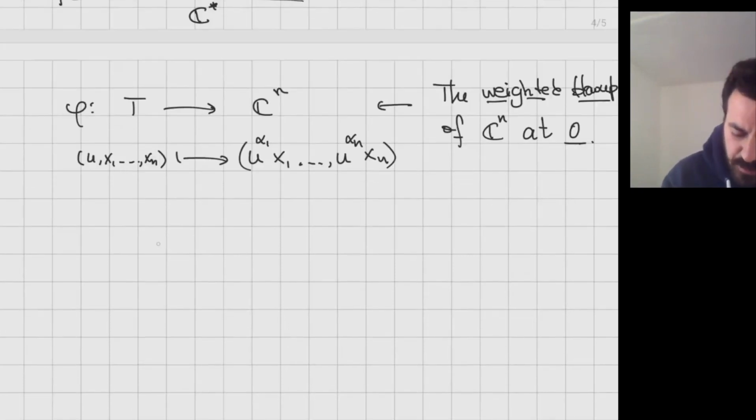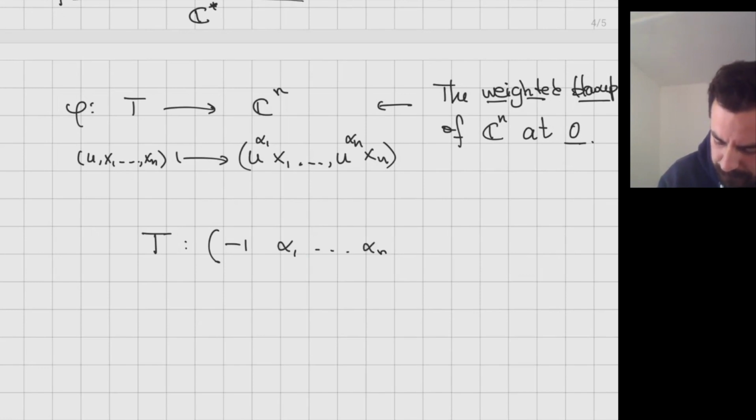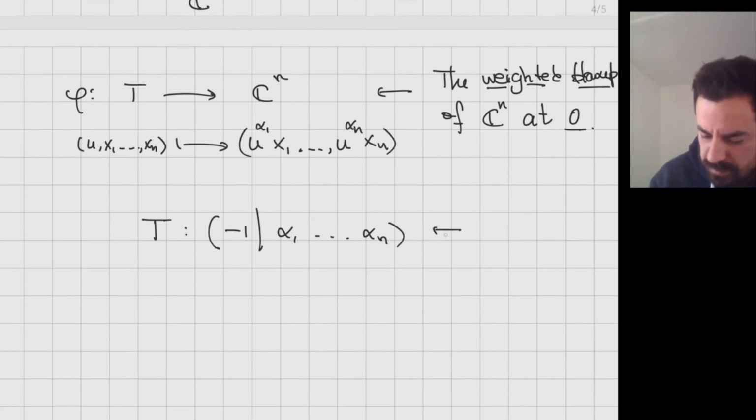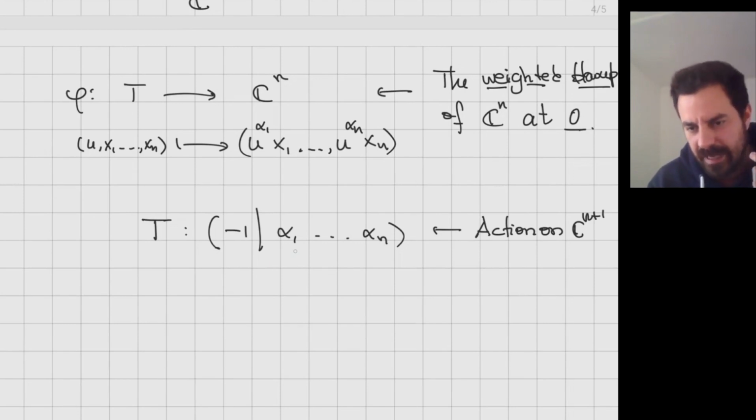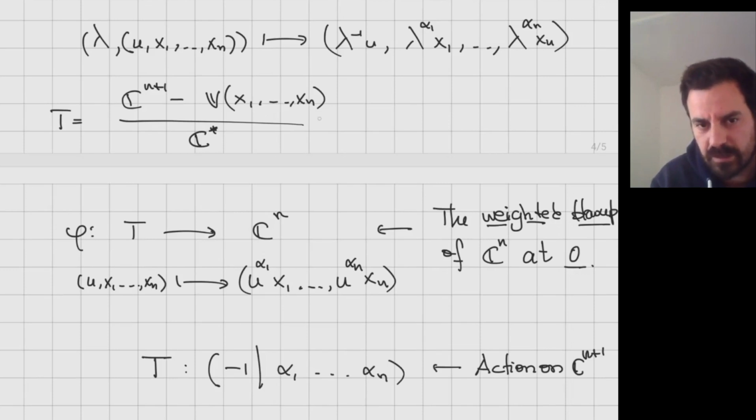Okay, so there's a nice way to represent T, and we do it just by this matrix. So this just denotes the action on C^(n+1), and this little bar here in the middle just tells you that the locus that you took out to build the quotient is x_1 up to x_n.